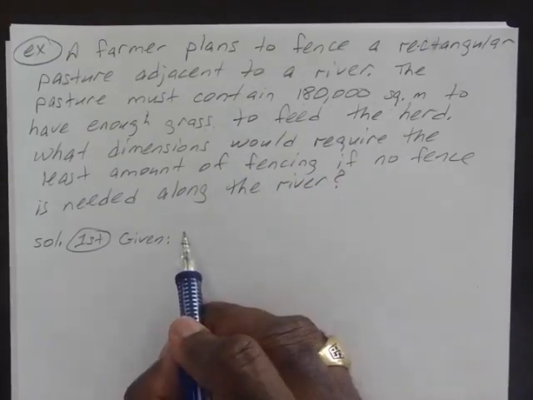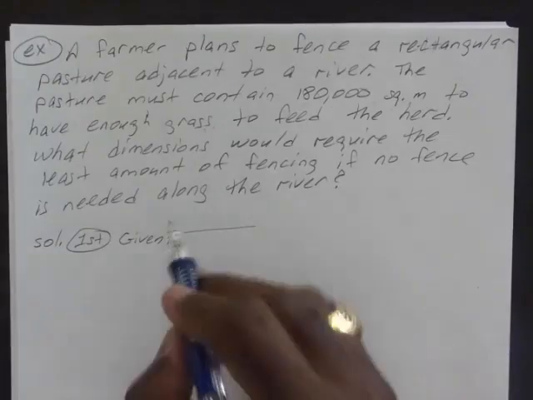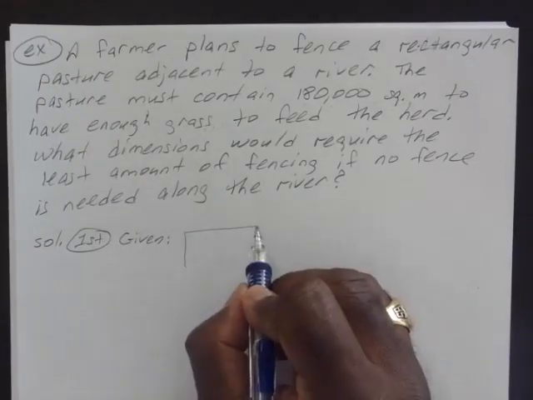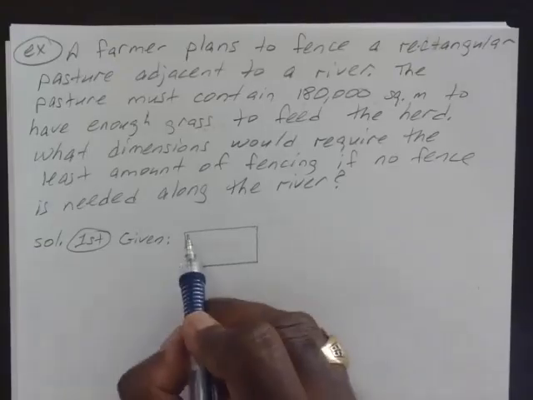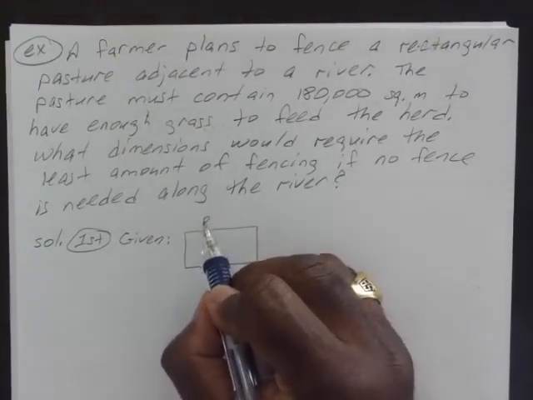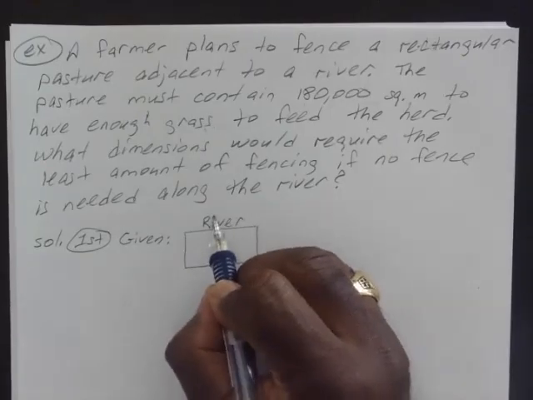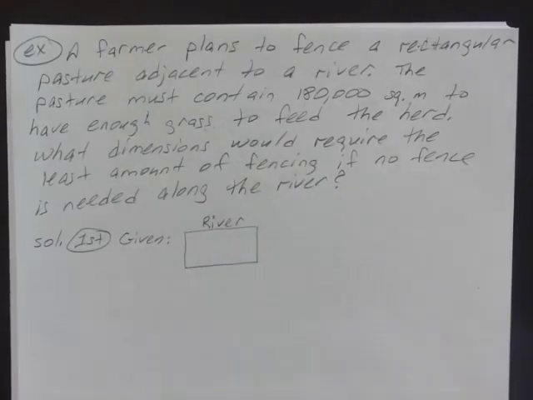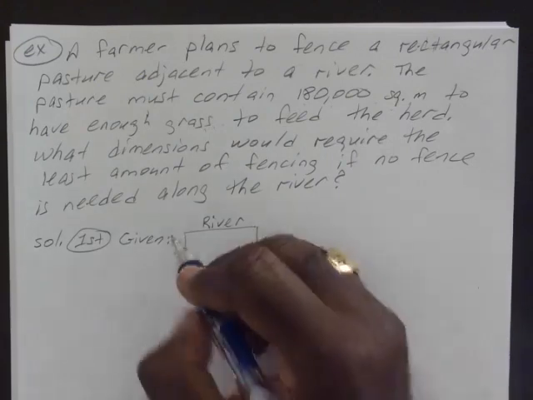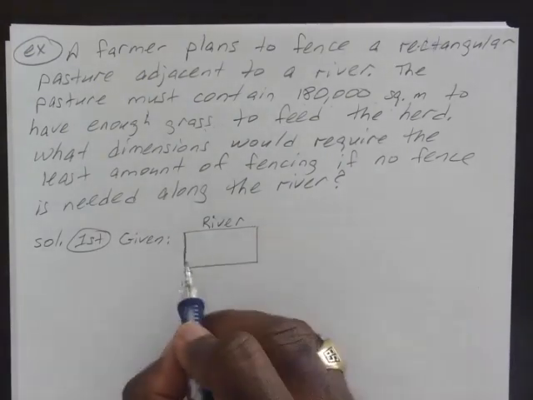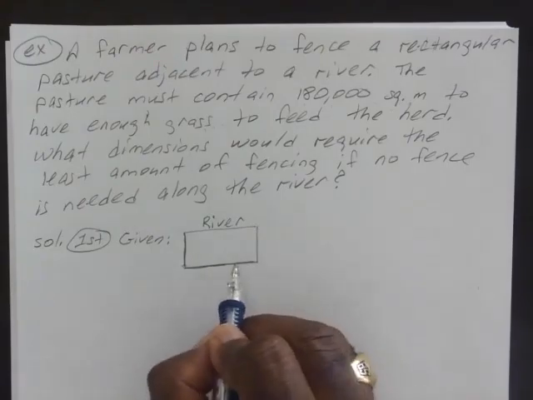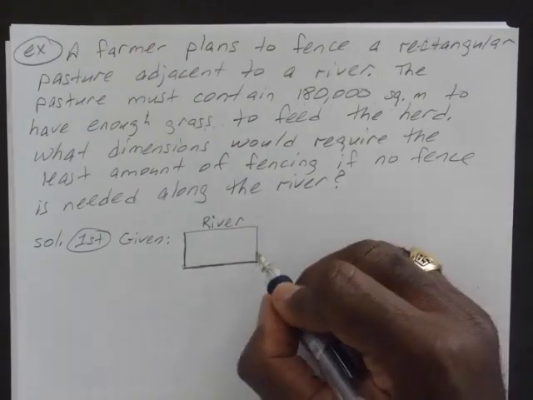So if we draw a little sketch here, let's say this is our rectangular pasture. But if this side is the river, there's no fence needed along the river. So we only need the fence along here and here and here.